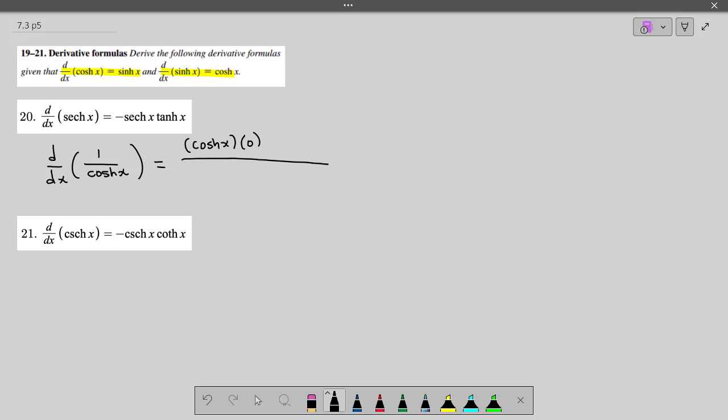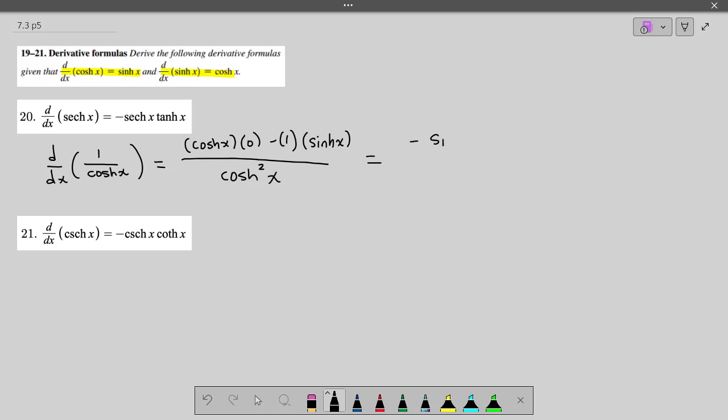So low D high minus high D low, the derivative of cosh, all divided by low squared.